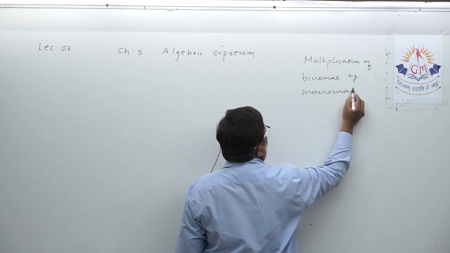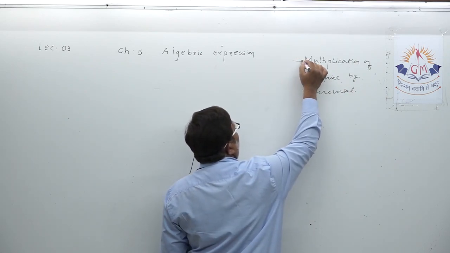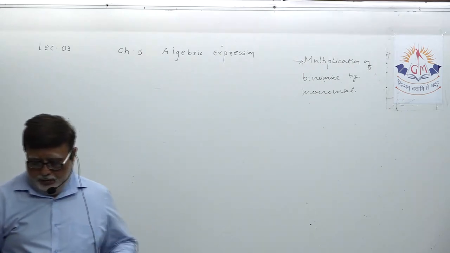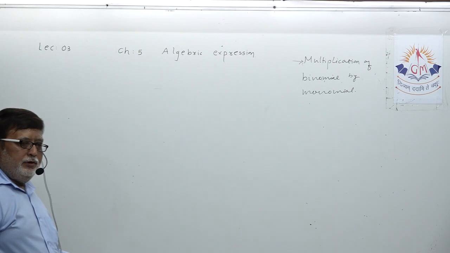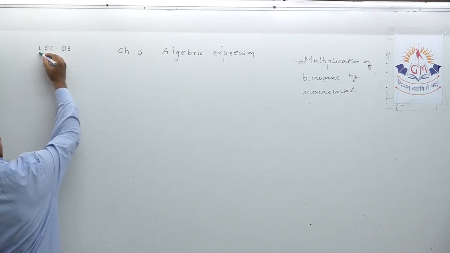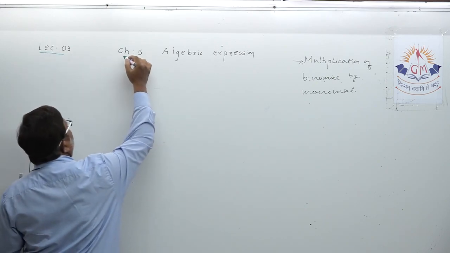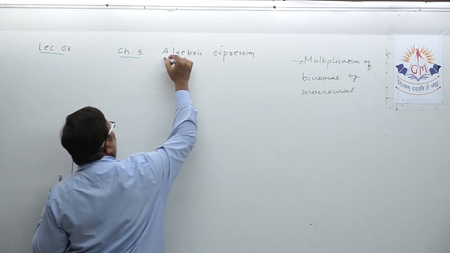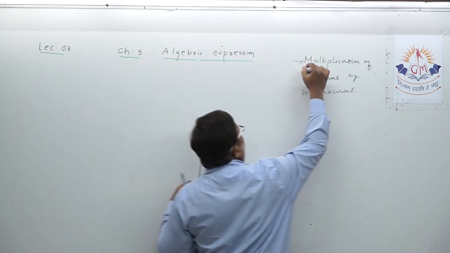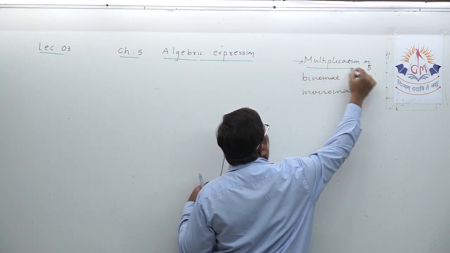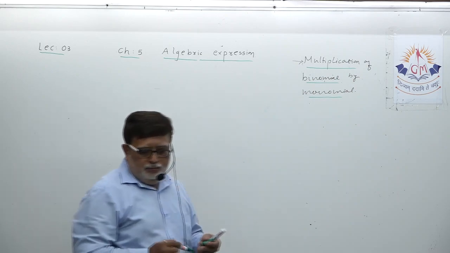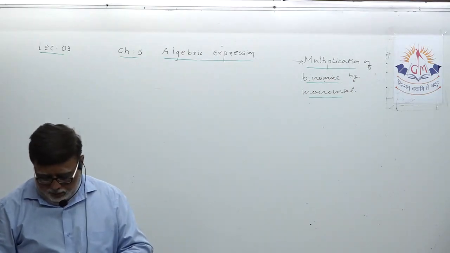That's the topic we are continuing today. Multiplication of binomial by trinomial. I would like to take today some more difficult examples as a practice. Let us take one by one difficult examples and let us try to understand them. The topic, multiplication of binomial by trinomial.